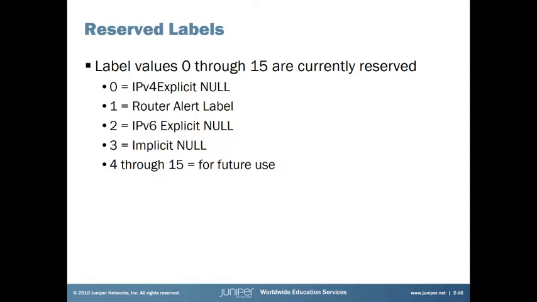Some values that we have for labels: 0 is a reserved value, it's called an explicit null. 1 is a router alert, 2 is an IPv6 implicit null, and 3 is an implicit null. We actually use 3 as a special meaning.